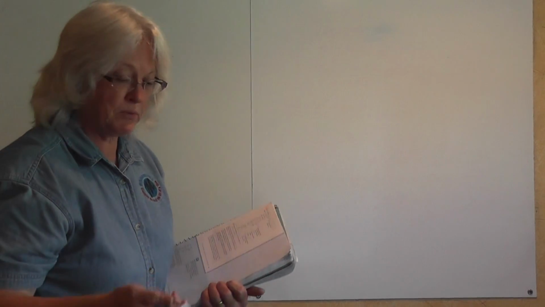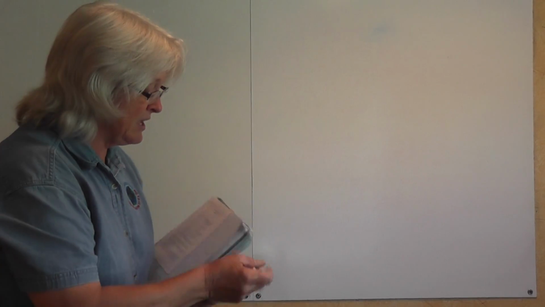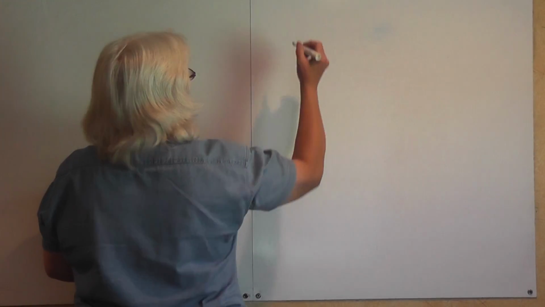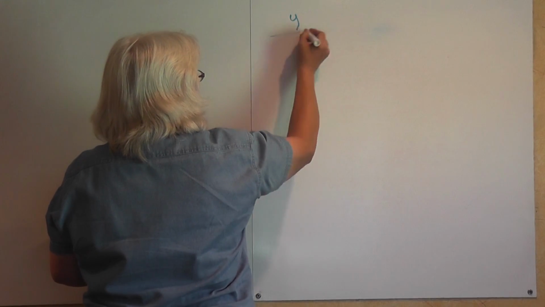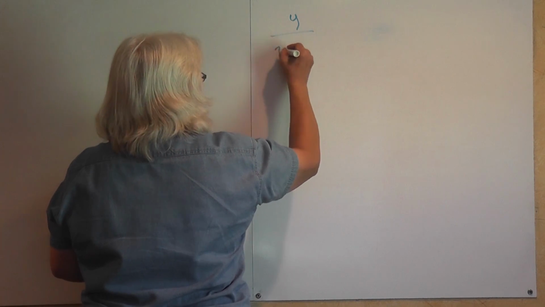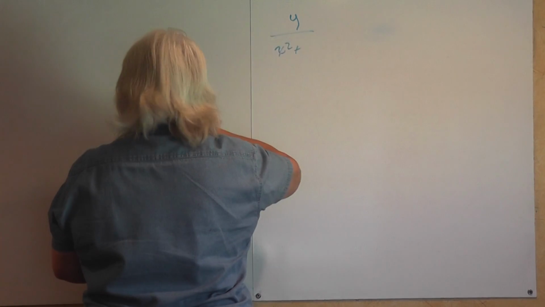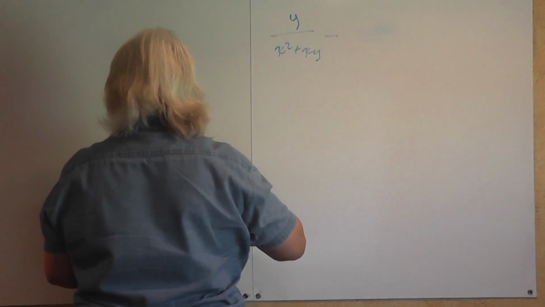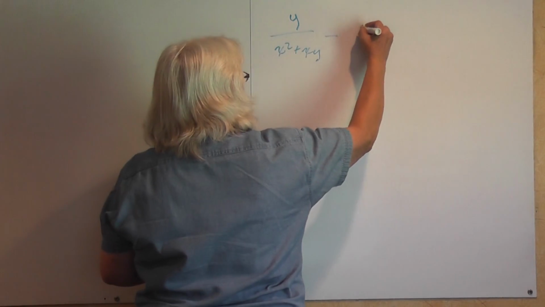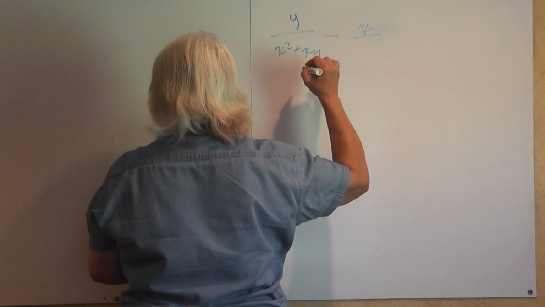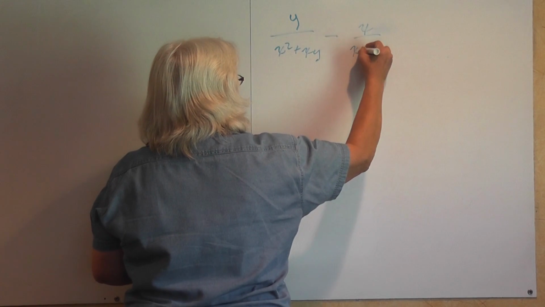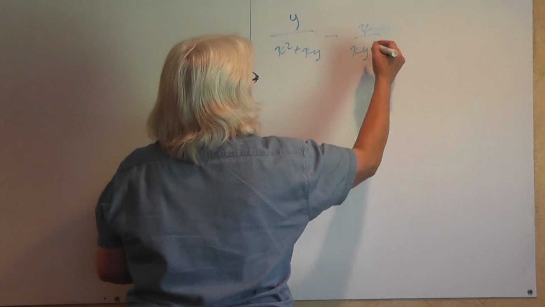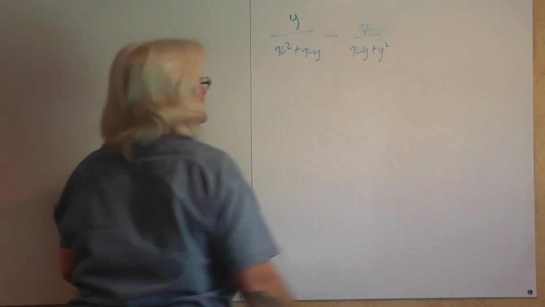Okay, problem number 2, we have: simplify y over x squared plus xy, minus x over xy plus y squared.